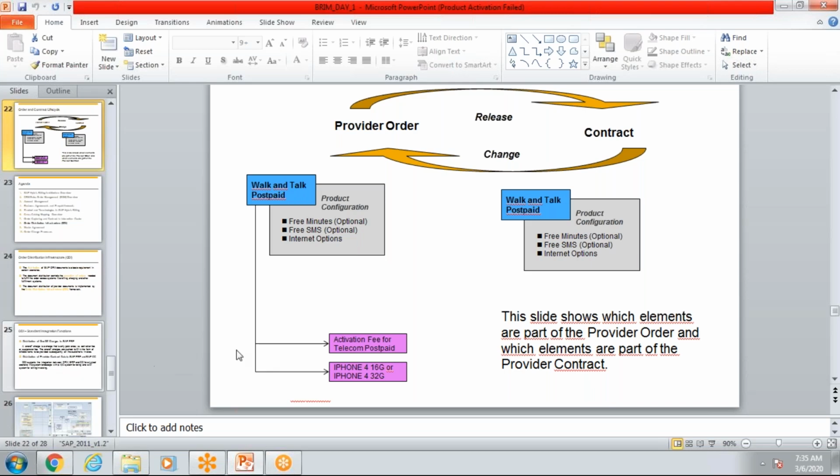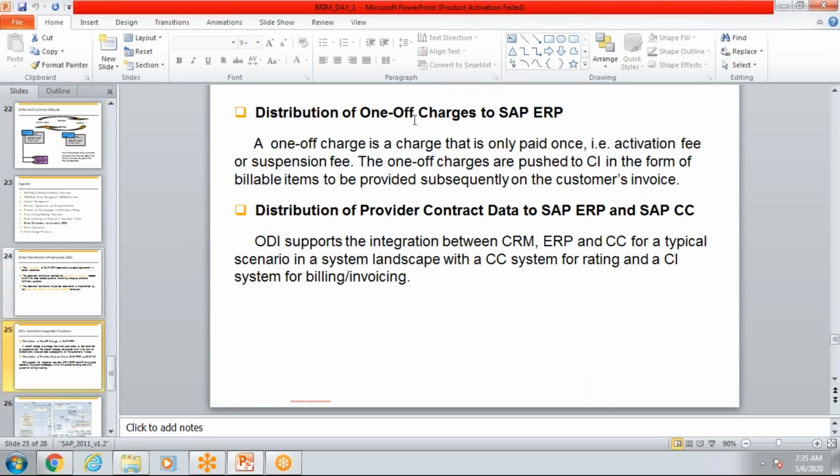So these activation fees will be there, right? That is distribution of one-off charge, or one-time charge. It will go directly to the ECC system where the month-on-month billing happens. So a line item will go directly to the ECC system, only once in the contract lifetime.